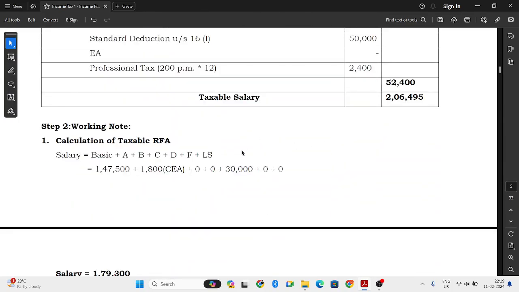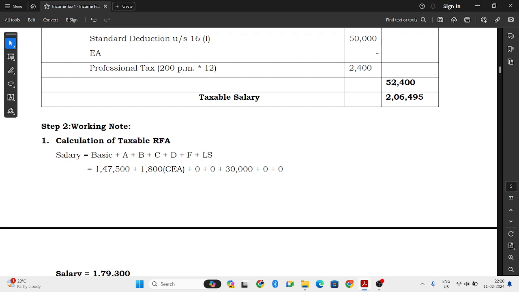Now let us calculate RFA. For the purpose of calculating RFA, we will consider basic salary plus taxable allowances plus DNS pay plus DNS entering into retirement benefits plus commission based on turnover. But we will not consider provident fund. Even leave salary will be taken into consideration.